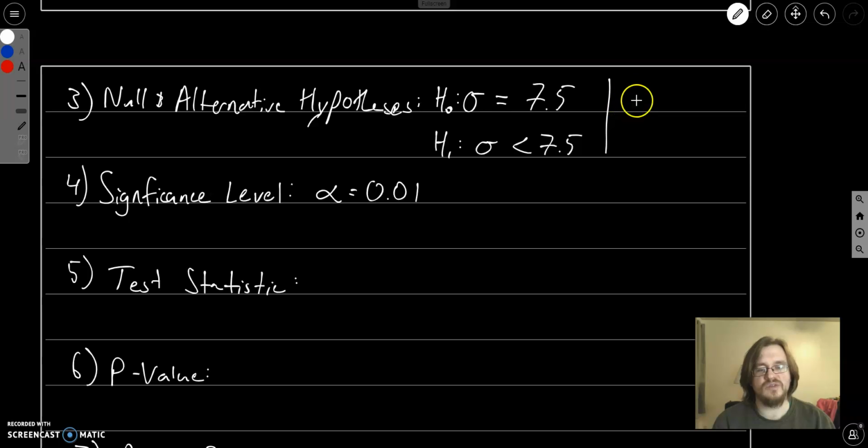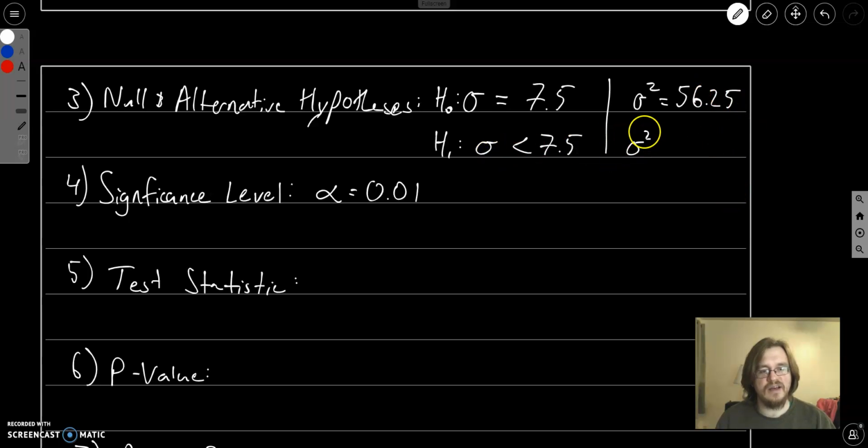So what I'll do is I'll reword this in terms of sigma squared. If sigma is 7.5, sigma squared is going to be 7.5 squared. And if you take 7.5 times 7.5, we get 56.25.